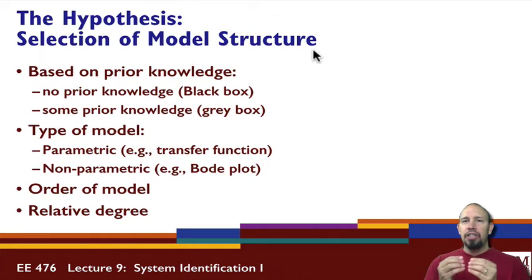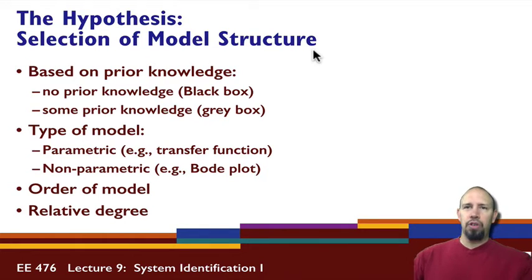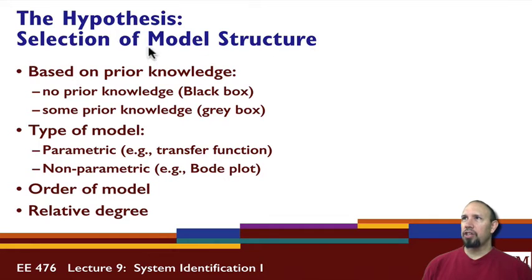In a sense, you already need some idea of what you're looking for, and based on that, you can perform an experiment to see that characteristic, that behavior. That's what we're looking for in the selection of the model structure.